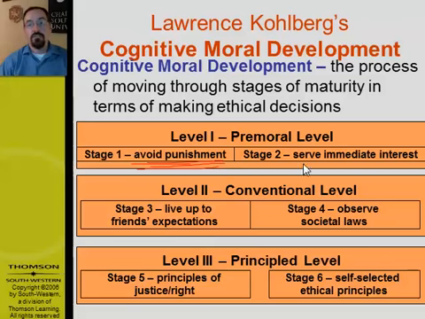And she's also trying to serve her immediate interests, but there's more to it than that. Eventually, I'm trying to be a good child and live up to expectations, and in society, obey societal law. Great. But then eventually you're looking at principles of justice and right, really thinking through those kinds of things, understanding what your ethical principles are and living up to these.